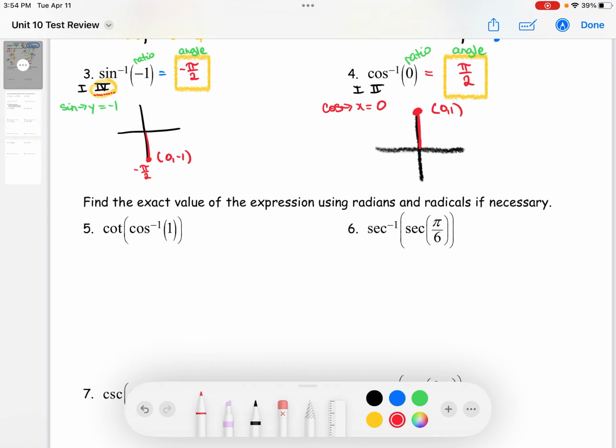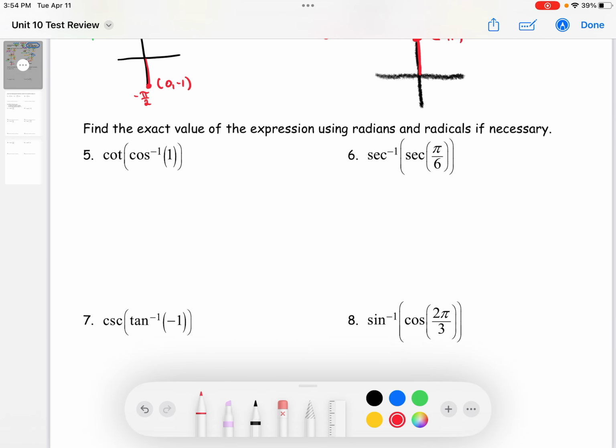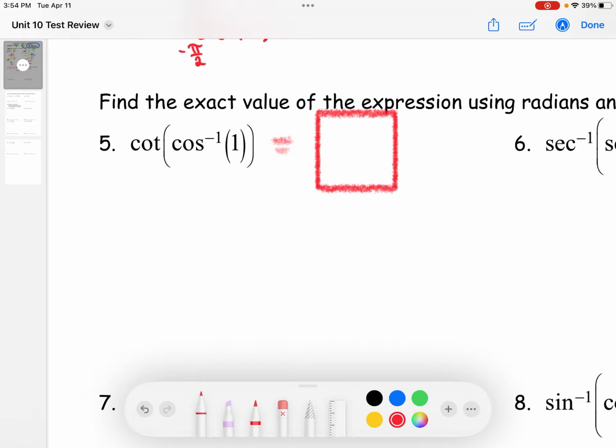Now, let's look at 5. We are finding the exact value of these expressions using radians and radicals as needed. So, when we have these functions within a function, there are 2 parts. We work the inside function first.